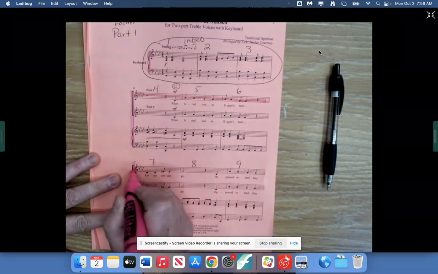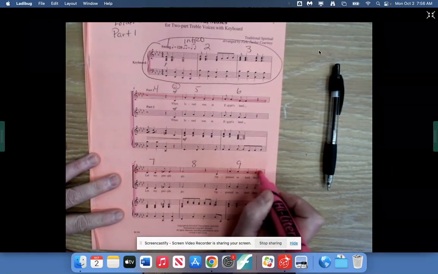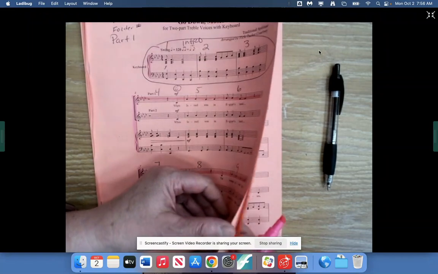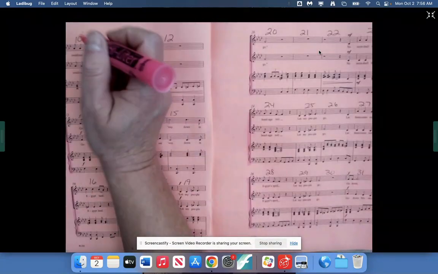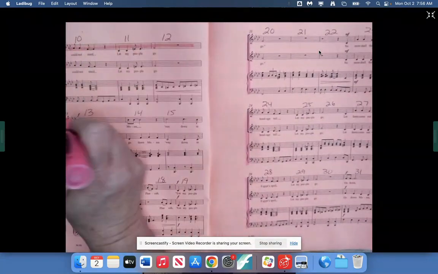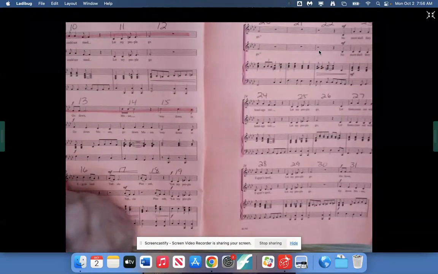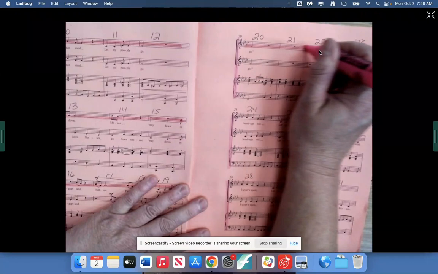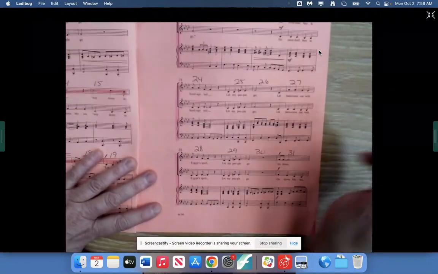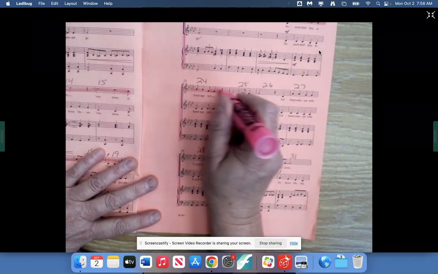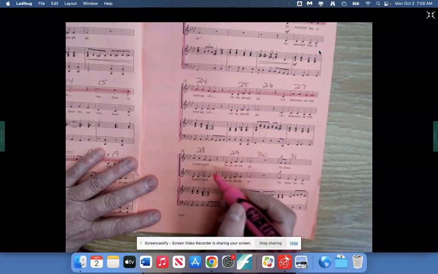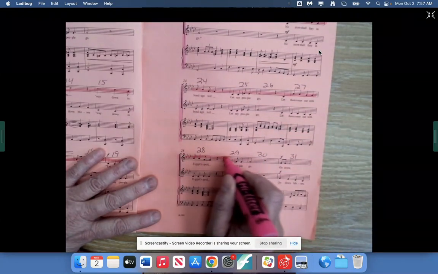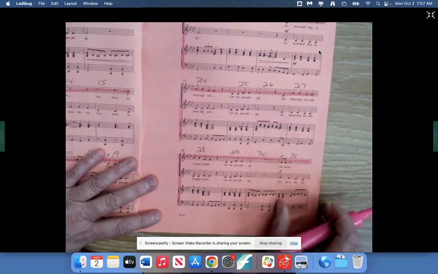When Israel was in Egypt's land, let my people go. Oppressed so hard, they could not stand. Let my people go. Go down Moses, way down in Egypt land. Tell old Pharaoh, let my people go. No more shall they in bondage toil. Let my people go. Let them come out with Egypt's spoil. Let my people go.